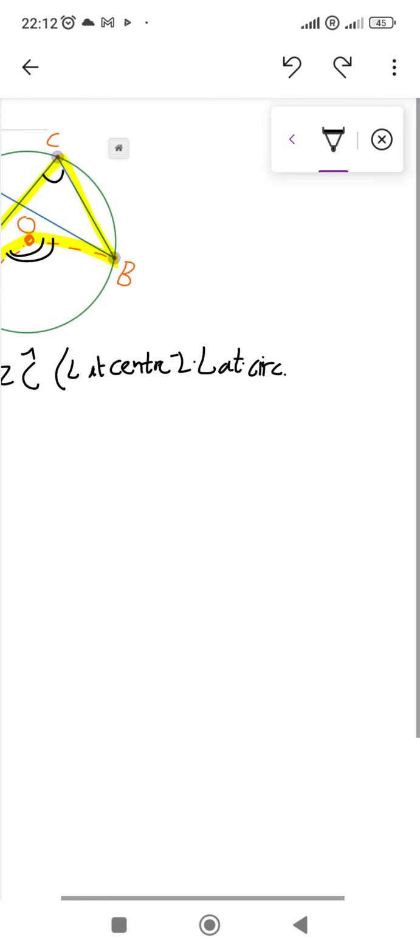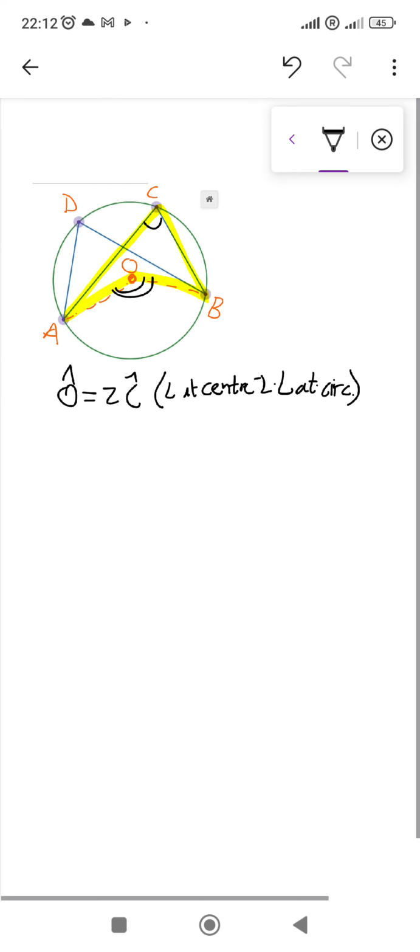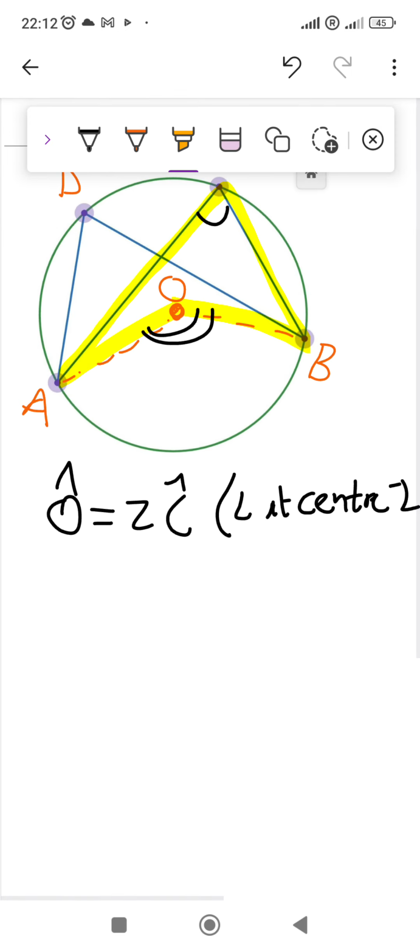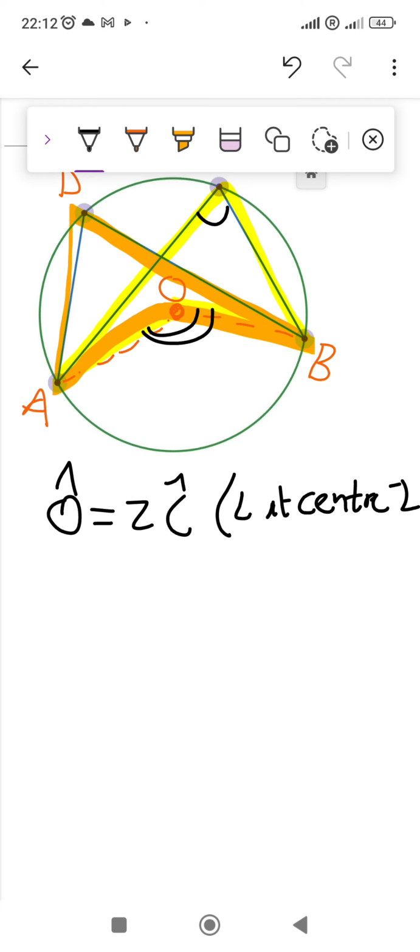Then let's maybe use a different color here with our highlighter. We can go back at this circle and we can see that there's another arrowhead formed. The other arrowhead formed is over there. And again, what does the arrowhead theorem tell us?